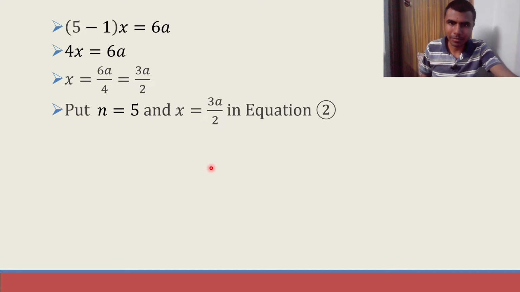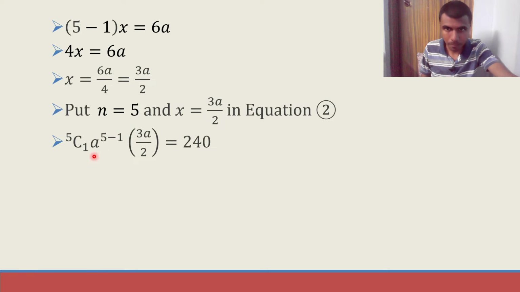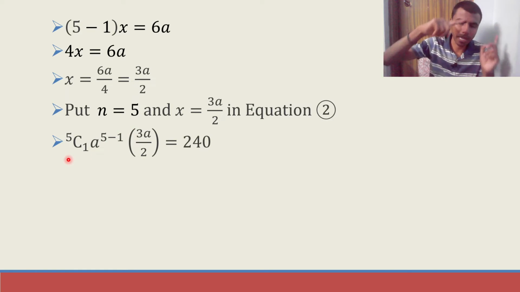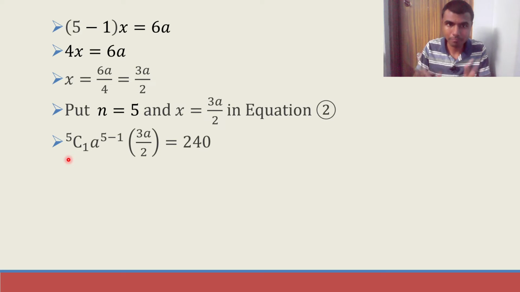I just put n as 5 and x as 3a by 2. If I put it, I'll get this.